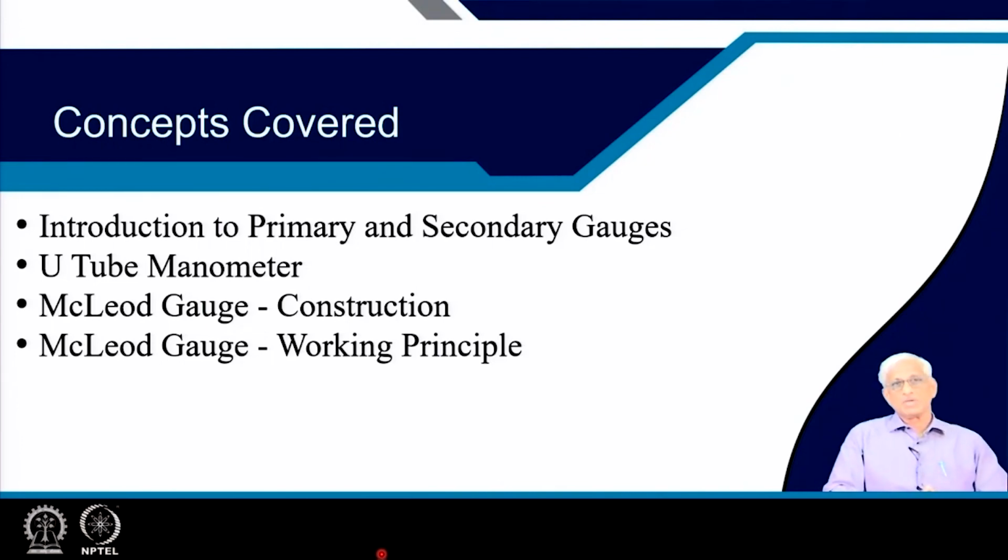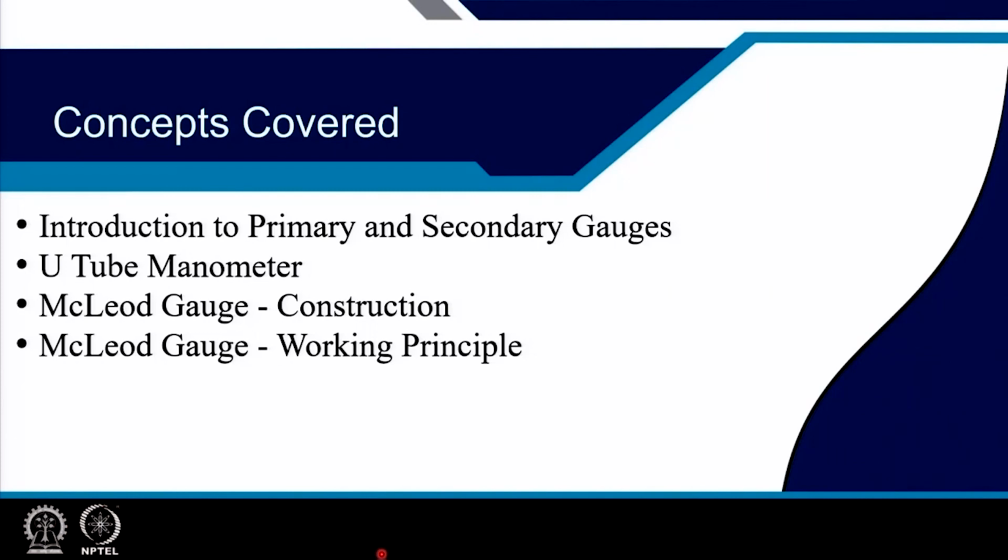Within the primary gauges, we are going to discuss U-tube manometers and the McLeod gauge. There are also some other primary gauges, little different, but also quite good gauges. That we will cover under primary in the next class.